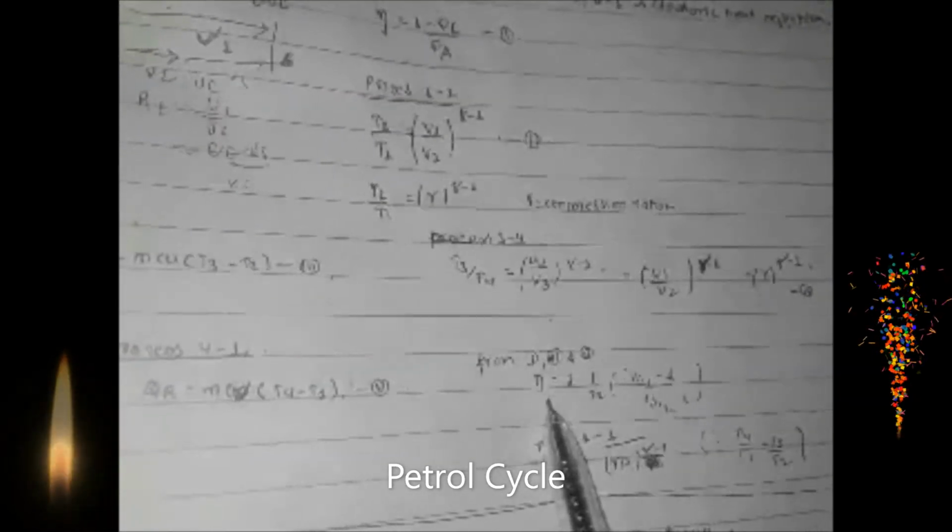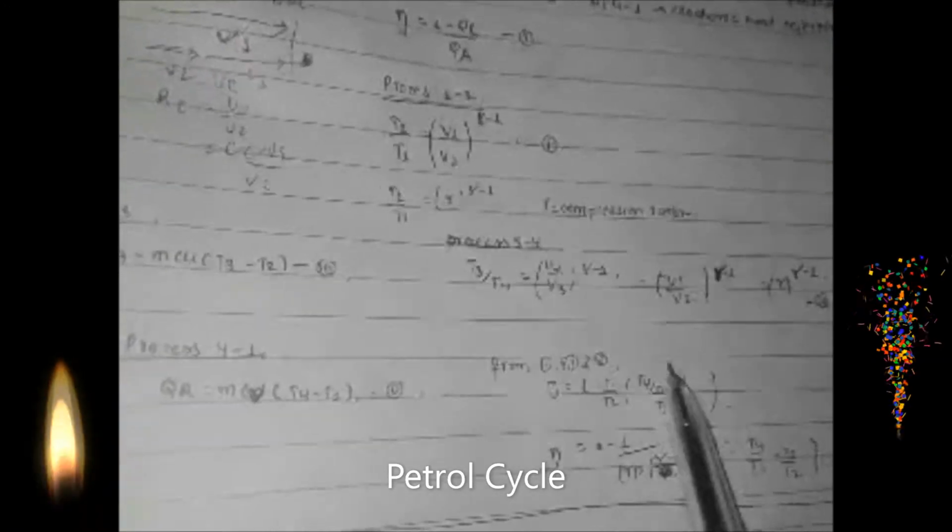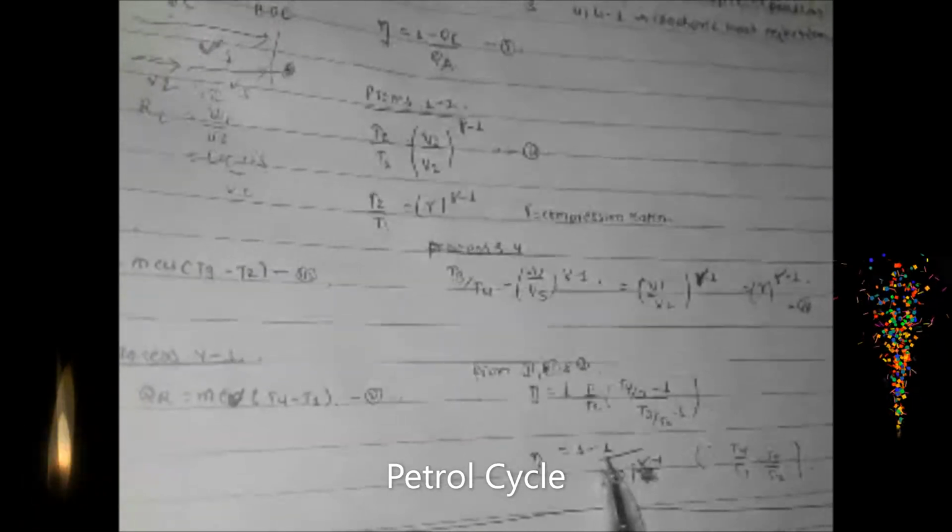From the first, second and third relations we can write the efficiency as 1 minus T1 by T2, taking it common, and finally we can sum up the efficiency as 1 minus 1 upon R to the power gamma minus 1, where R is the compression ratio.